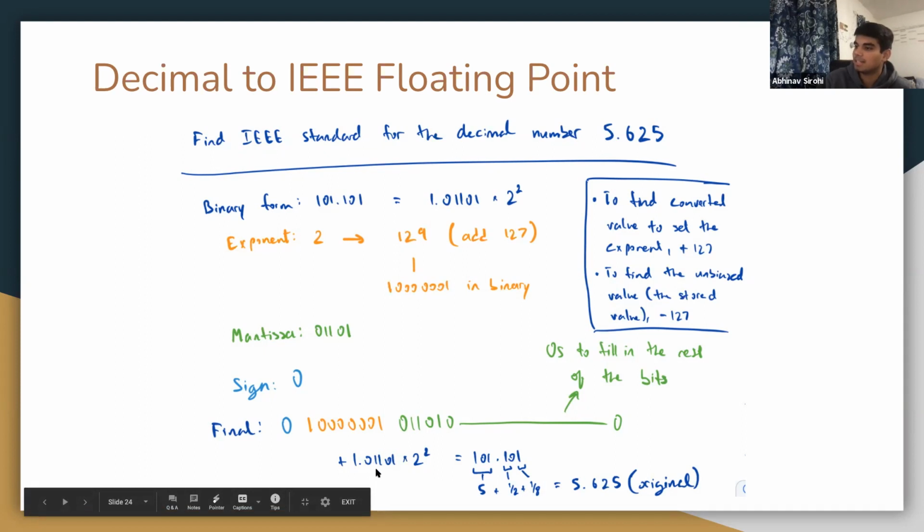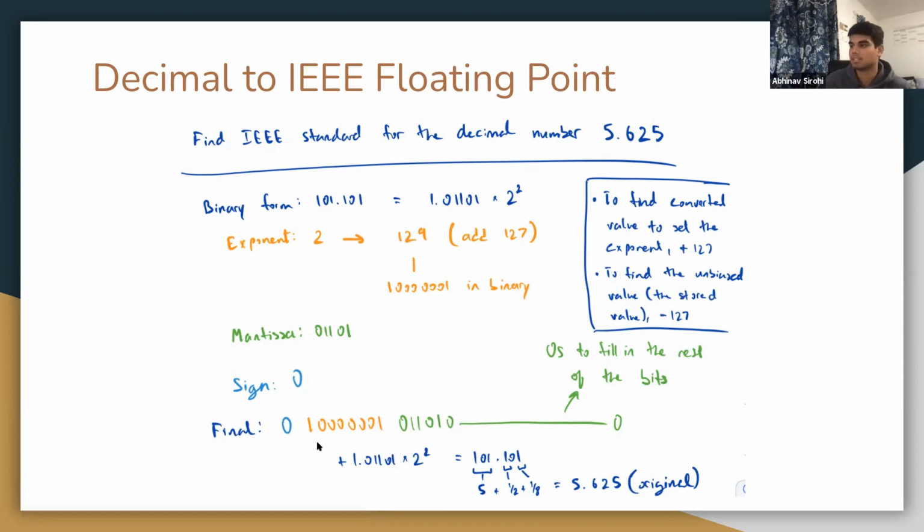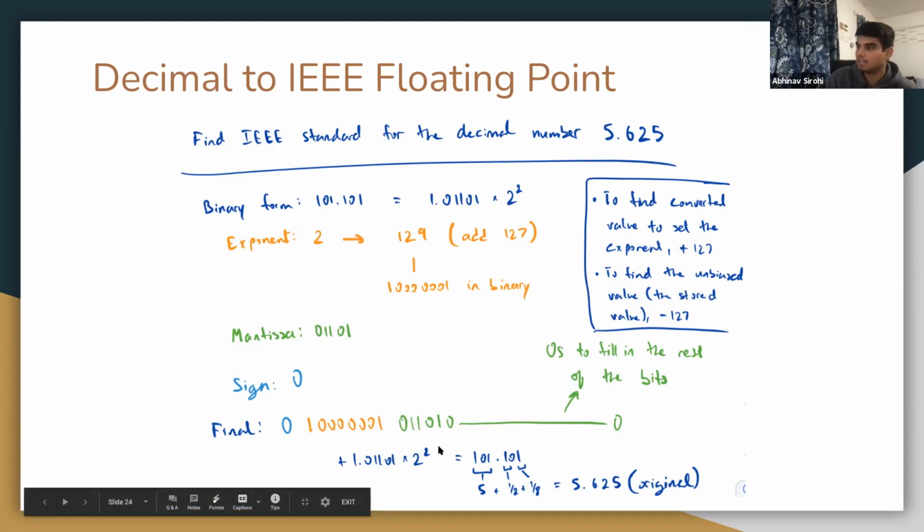Then we have our mantissa, which we get from here, and we don't need to write the rest of the bits. And you multiply that by 2 to the power of whatever this is, converted back to decimal, 129, and then we subtract 127 from it to get the actual stored value, and that's how we get the 2 back here.